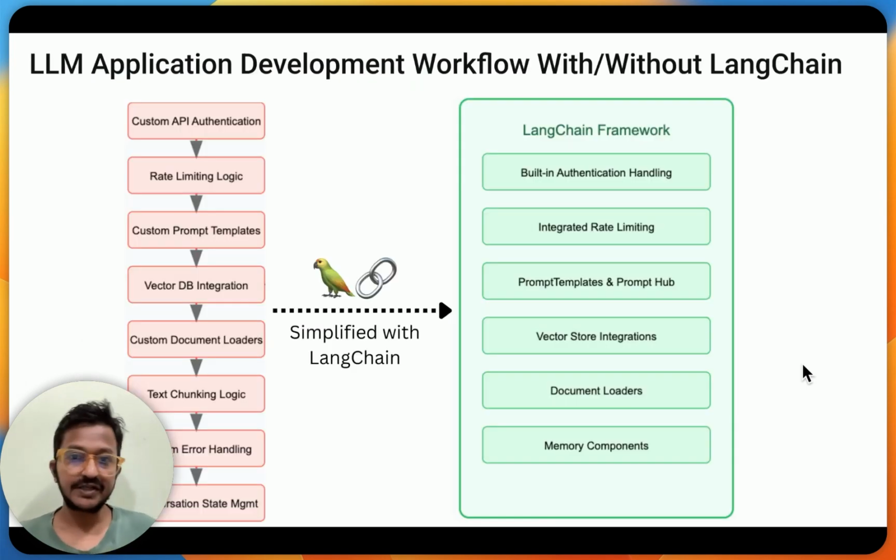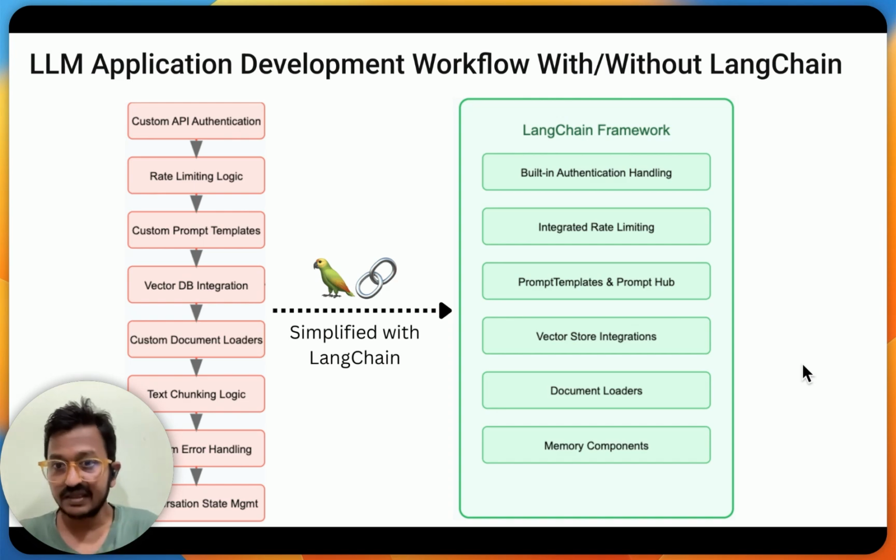So, LLM application development with and without LangChain or something like LlamaIndex. Without a platform like LangChain, it would be very difficult for your developers to hard code everything. They have to do custom API authentication, rate limiting logic, custom prompt templates, and vector DB integration. They have to figure out a lot of things.